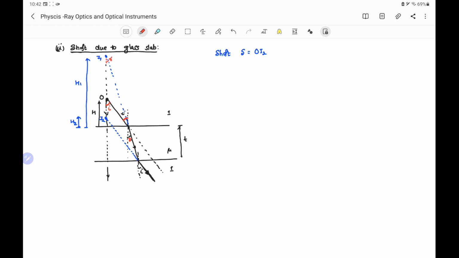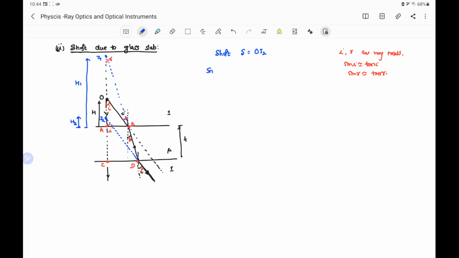Also, the corresponding angle at I2 will also be I, equal to the emergent angle I. We also mark the points A, B, C and D. We consider that the angles of incidence I and R are very small. In that case, sin I will be approximately equal to tan I and sin R will be approximately equal to tan R.